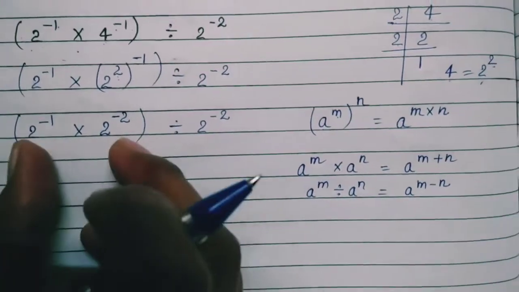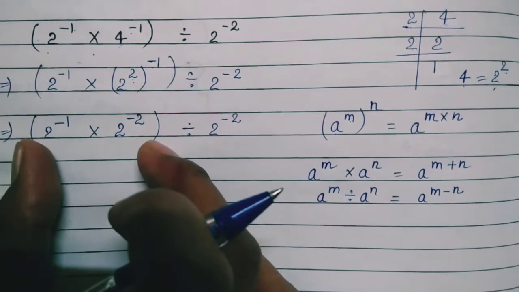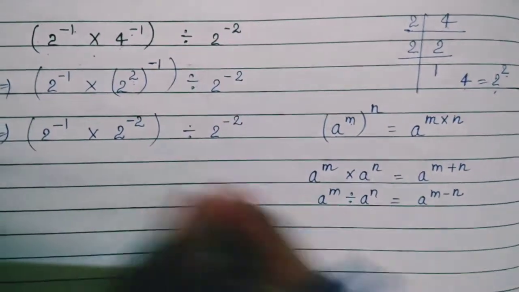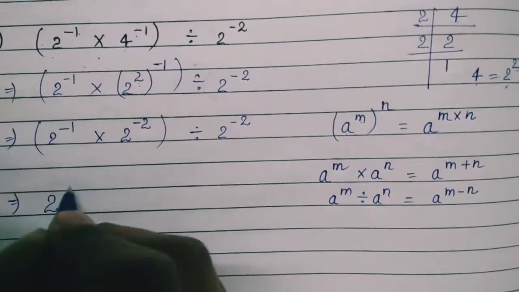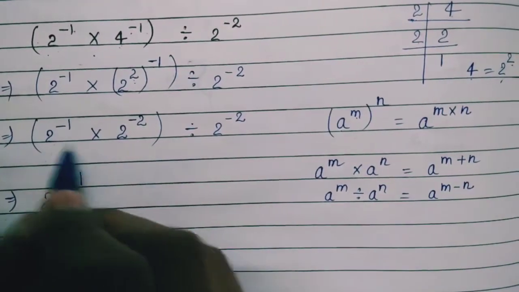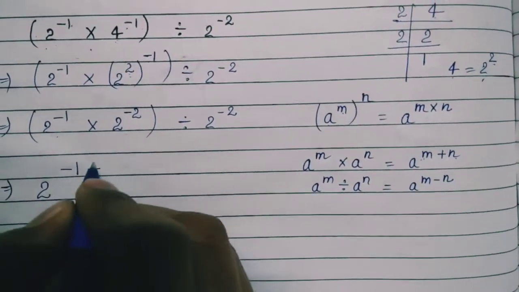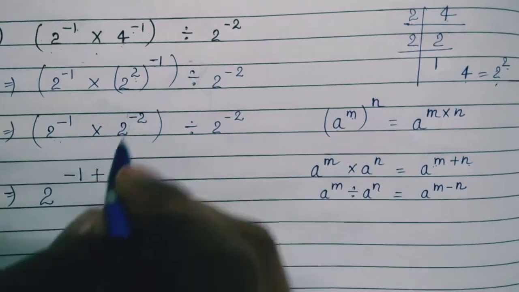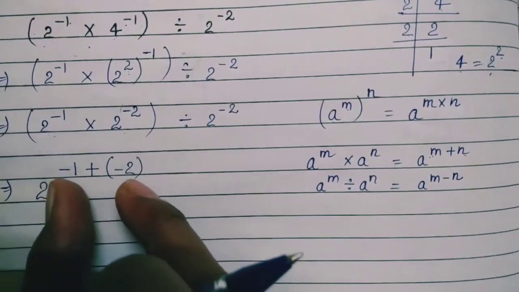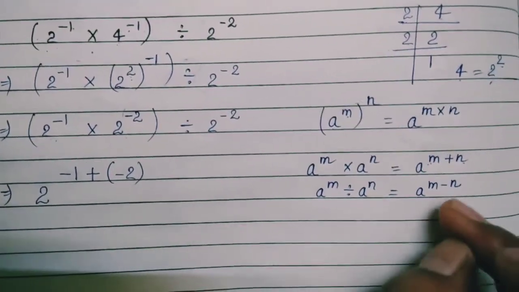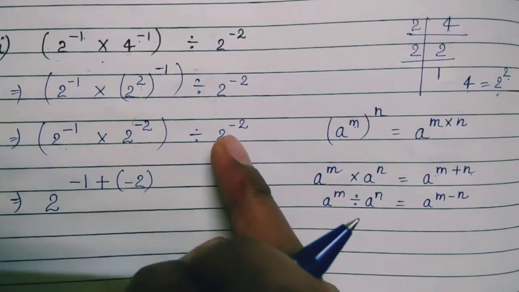It means in the starting 2 the power will add, and in the result of the starting 2 the ending one will subtract. In the form 2 minus 1, base is same, so powers are adding. So addition of this law, but here the power is minus 2. So minus 2 will come here. Now in these two we can subtract the last exponent of the base, which is minus 2.